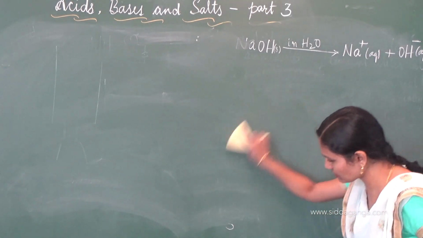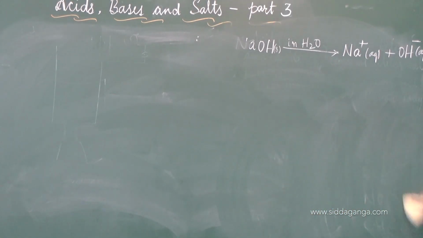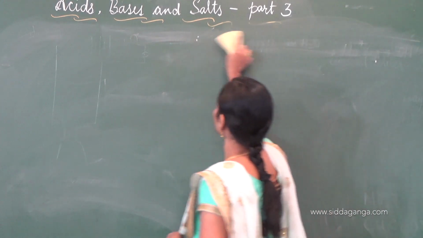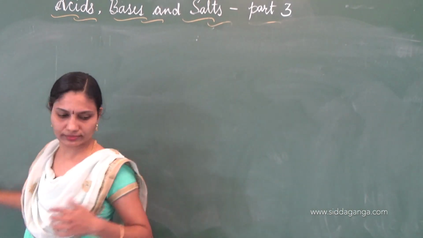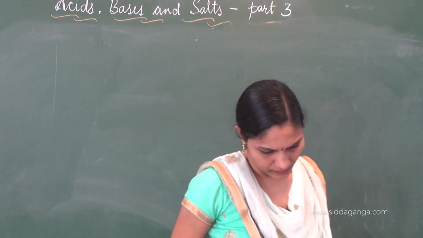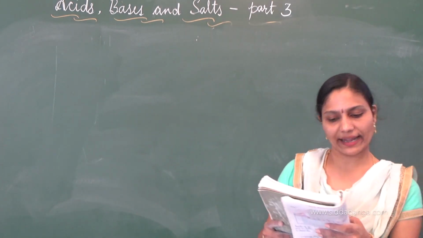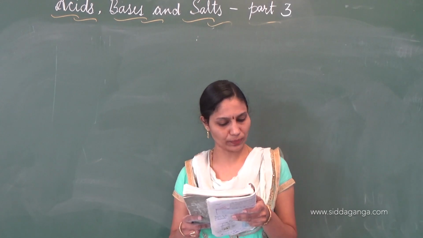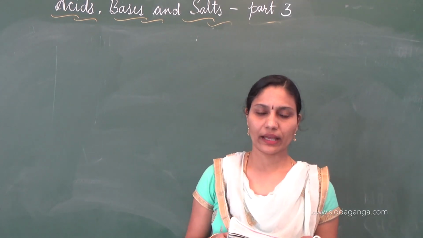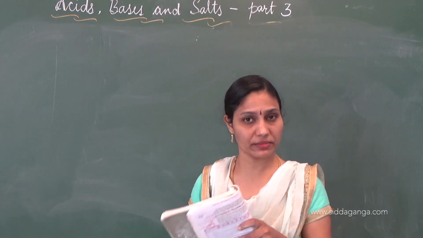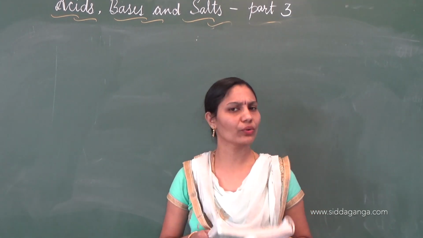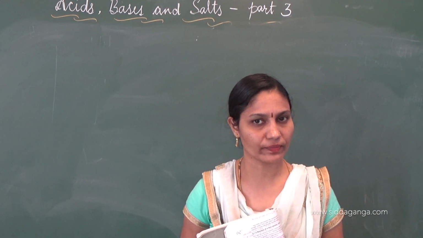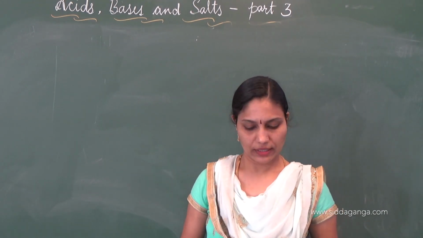But what happens in aqueous solution and what happens when they are not in aqueous solution? Here is an activity again, activity 2.9, and this activity is to demonstrate whether acids produce ions only in aqueous solution or not. So let's find out.